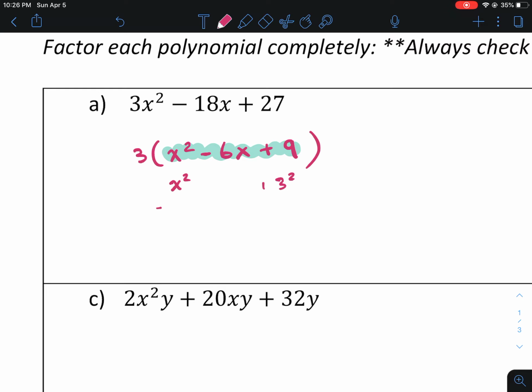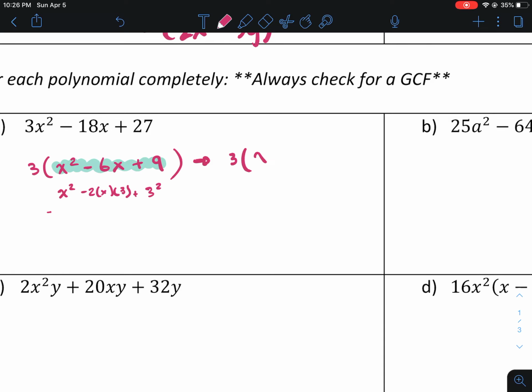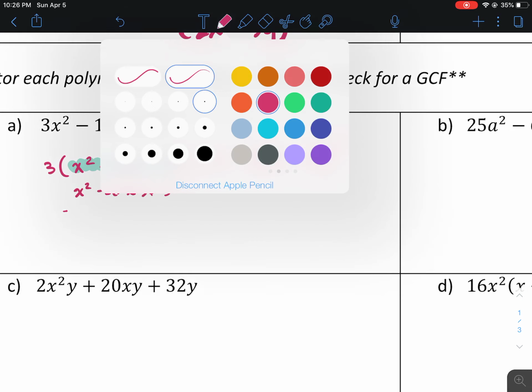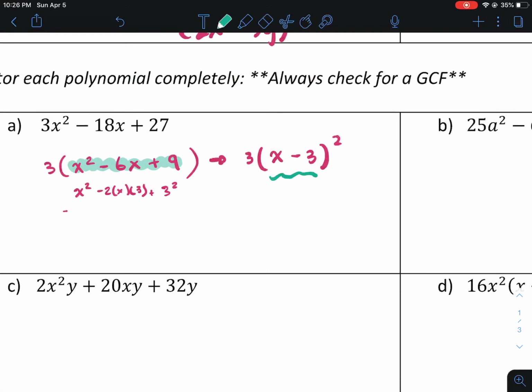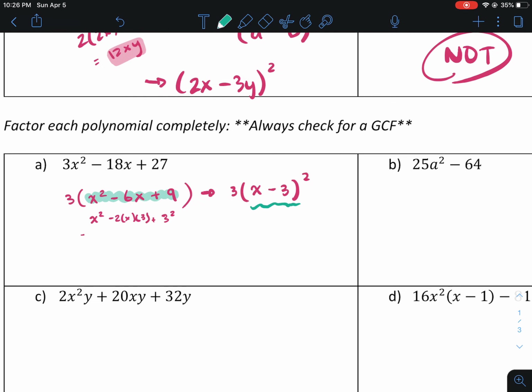So this needs to be minus 2 times x times 3, which checks out. And so we know that this is 3 times (x minus 3) squared. We get that (x minus 3) squared from that perfect square trinomial, okay? So we factored out the GCF and then saw the perfect square.